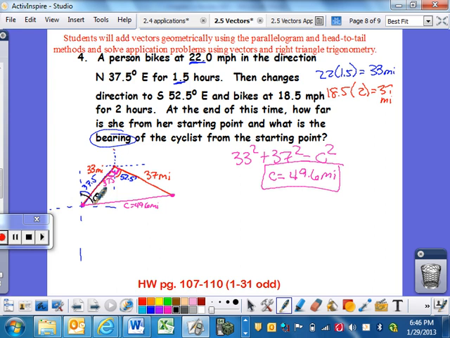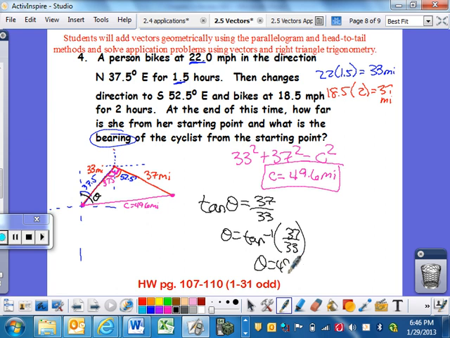So to do that, the two sides I have are the opposite and the adjacent. So once again, we're going to use tangent. It's kind of a norm in this problem, but tangent theta will be the opposite's 37, adjacent's 33. Take the tangent inverse of both sides. Okay, and you end up getting an angle of 48.3.